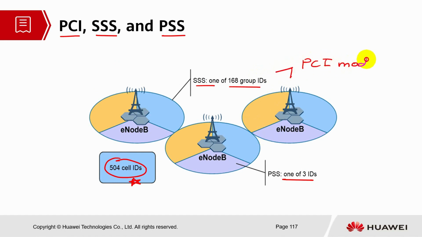Mostly we will use PCI mod 3. For example, this one can be PCI mod 0, 1 and 2, maybe this one is 1, 2 and 0, and this one is 2, 0 and 1. These are different mod settings so that there is no conflict between the 3 edges here. This will basically reflect on the cell edge users and cell center users.